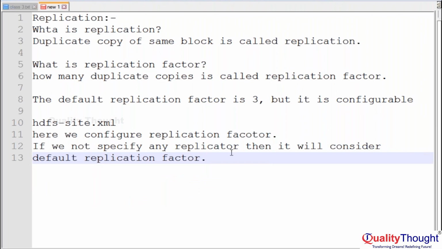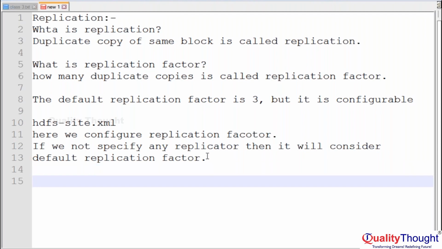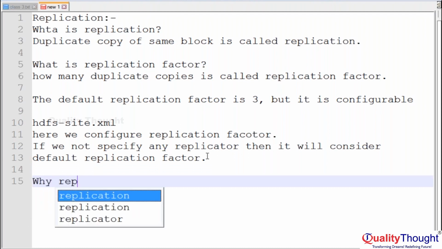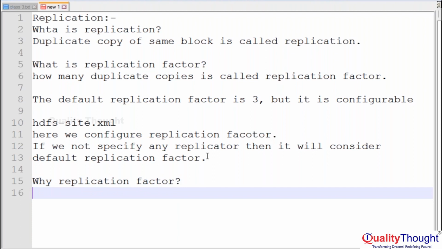I'll explain. So why replication factor? Why replication or replication factor?